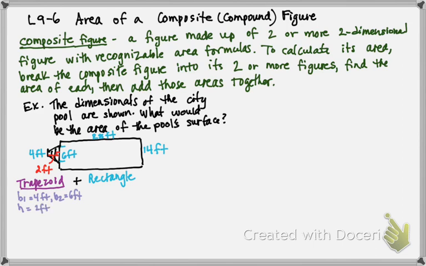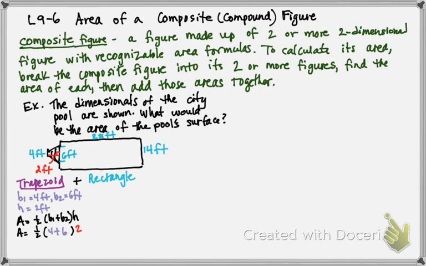Okay, and that's all the information we need, because the formula for the area of a trapezoid is 1/2 the sum of the bases times the height. So I just plug the numbers in and I solve. So I get area equals 1/2 the sum of 4 plus 6, and then we're going to multiply that by the height, and the height is 2.